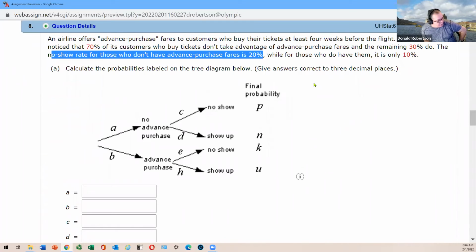Does anybody know why people don't turn up, even though they've bought a ticket? Some of them are businessmen that just cancel the meeting. I'll just talk to the guy on the phone, or I'll send an email. If you don't pay for it, you don't tend to care if you cancel a flight.